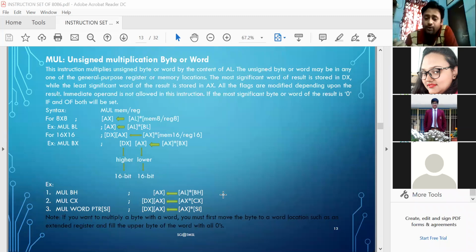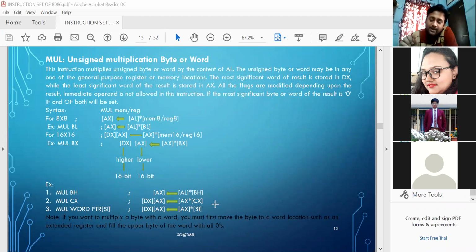How? By default, one data word must be stored inside AX and another into BX. So I need to again move this 0008 into the AX register. Then I can write it as MUL BX.